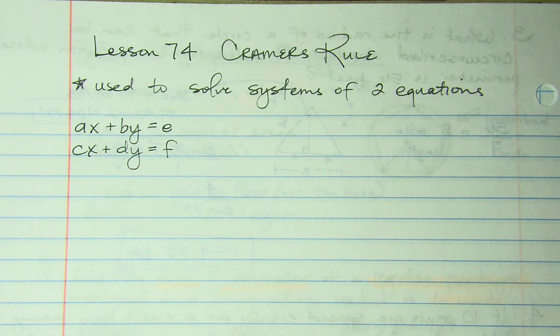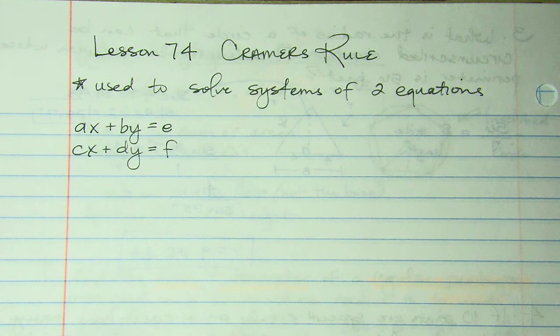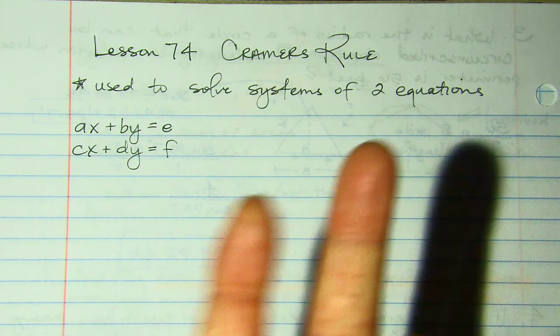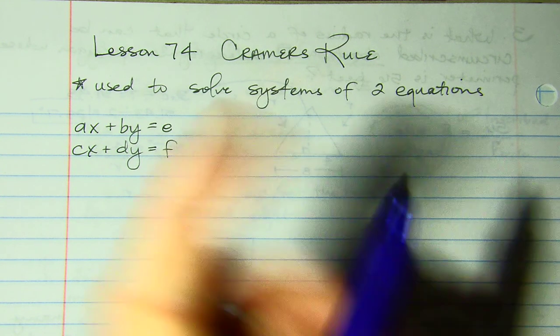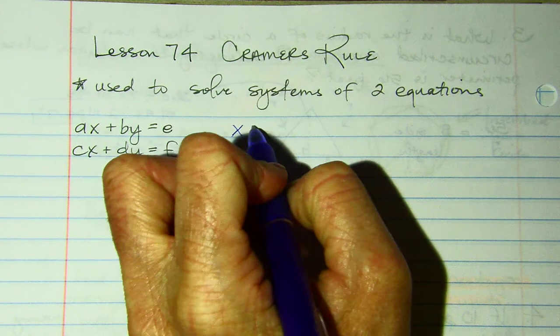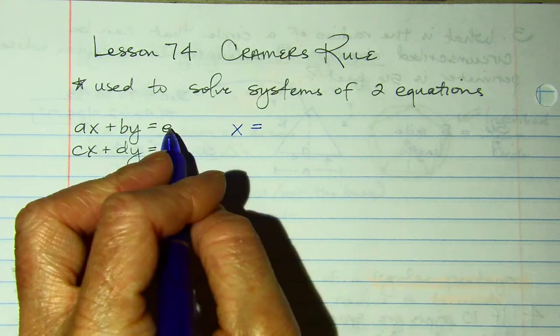So here are two equations. The letters A, B, C, D, E, F represent our coefficients and constants. So how we solve with Cramer's rule is we're going to set up the following matrices. For X, you use your constants at the end.